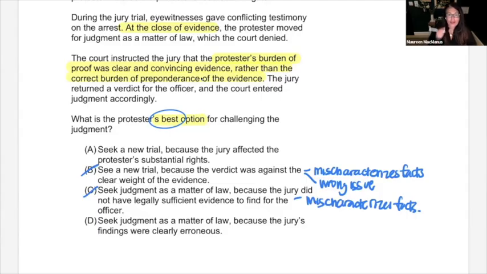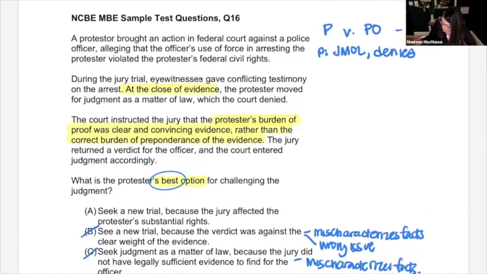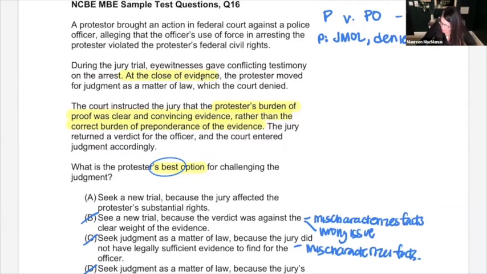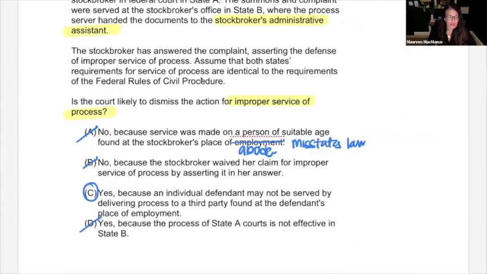The jury's findings were not clearly erroneous here. The burden of proof was clearly erroneous. So this is the incorrect standard. All right, and then we're going to go down to question 8 in the next set.